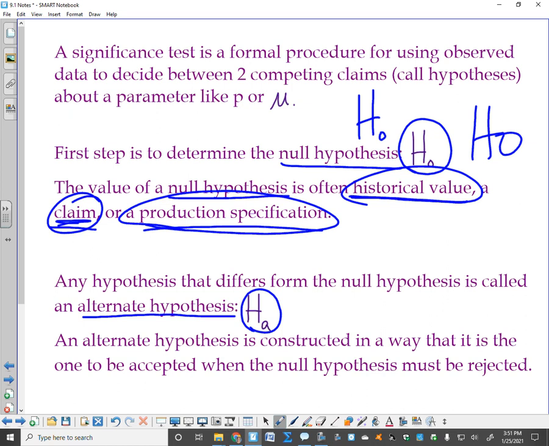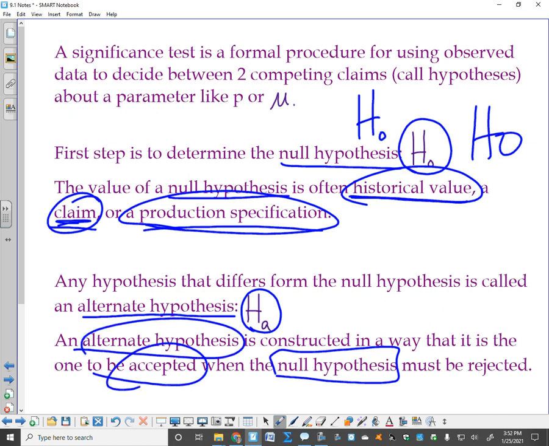Okay, so if I reject the null hypothesis, if I prove, that's a strong word. If I don't have enough evidence to say the null hypothesis is true, then I will accept my alternate hypothesis. He is on trial. The claim, the historical value, the product specification, that is what is in the trial box.